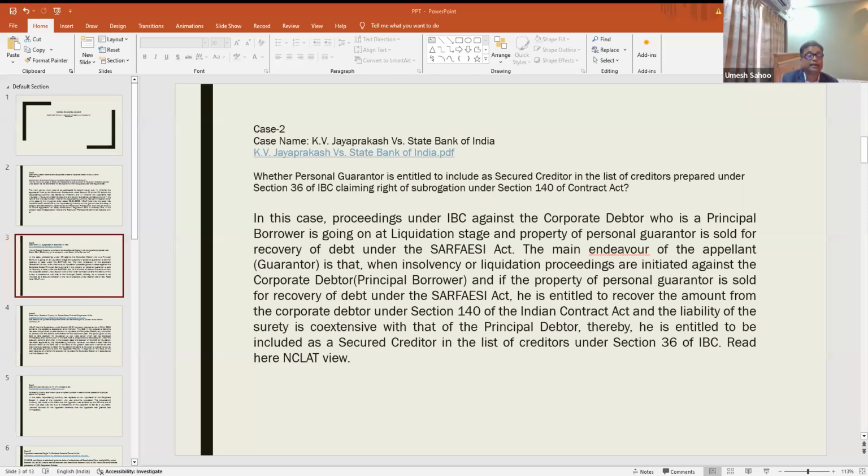The personal guarantor comes with a request to the RP: I am a secured creditor. Whether the RP will treat the personal guarantor as a secured creditor, or only a creditor or financial creditor, is the question of law that arises in this case.